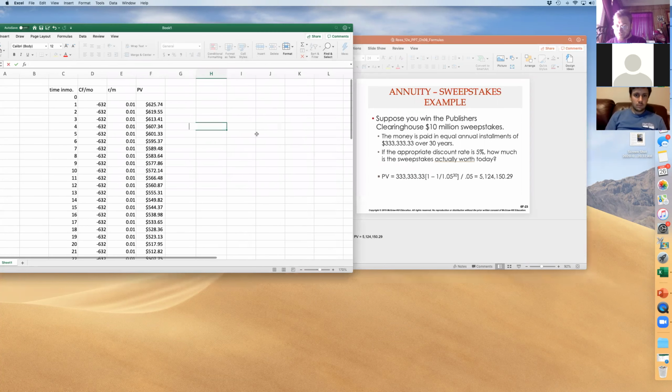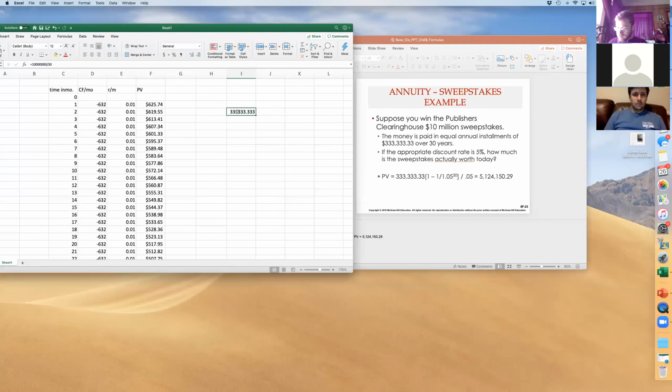So, you know, they always give you this choice. They call it a $10 million sweepstakes. It's really not, though. If you take $10 million and you just divide it by 30, you get that number, which is their payments, $333,333.33.